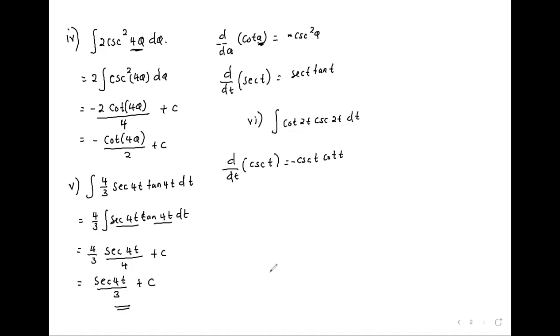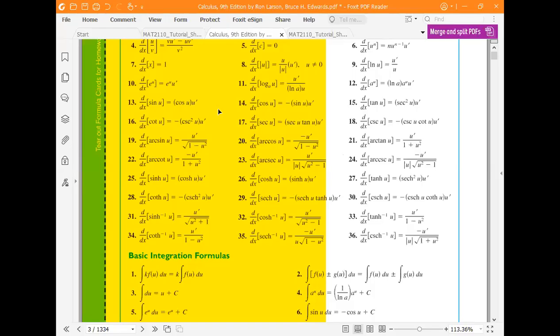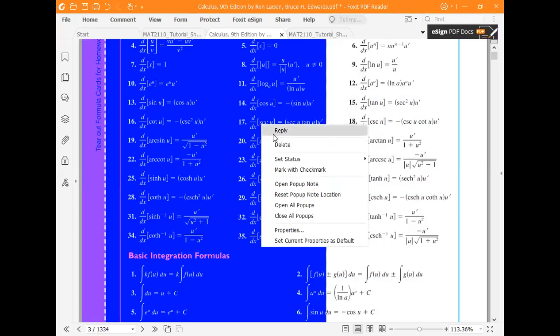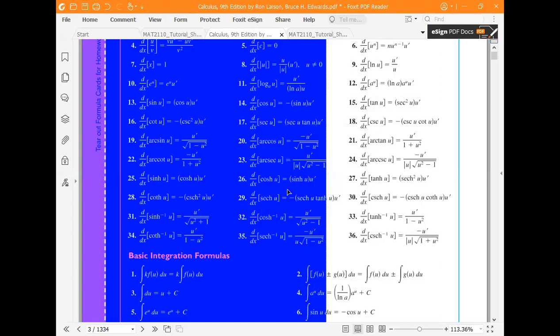Okay, so let's confirm. I have it here. Derivative of cosec u is minus cosec u cot u. Yeah, so it's here, number 80.